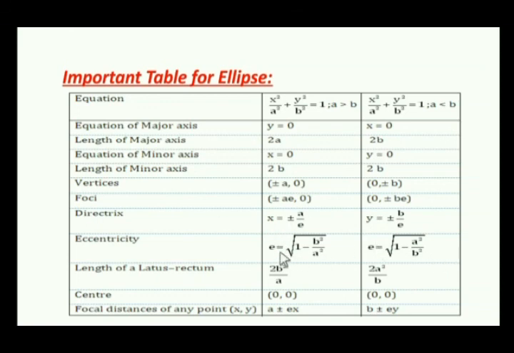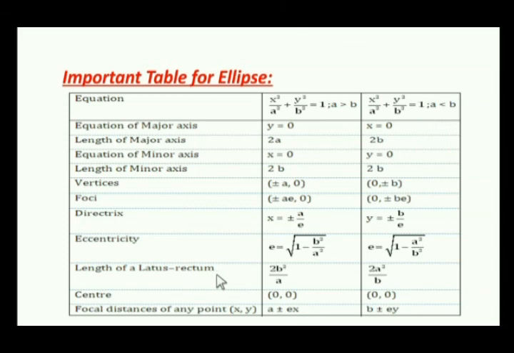Look at this: 1 minus b square by a square, and 1 minus a square by b square. Here we have taken a greater than b, so we will write b square by a square, and here we have taken a less than b, so we will write a square by b square. It doesn't matter, you can take both.